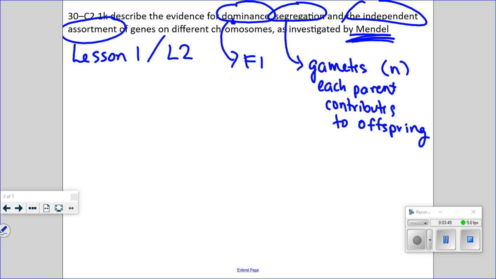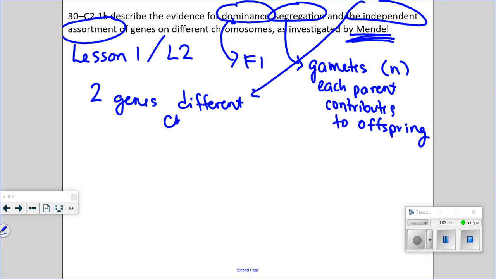Now, independent assortment, remember this was the idea that if you have 2 genes that are on different chromosomes, one doesn't affect the other. Just because you inherit one does not necessarily mean you inherit the other. If you think about how Mendel investigated this, he was considering pea plants. Are they tall or short? Are they green or yellow?